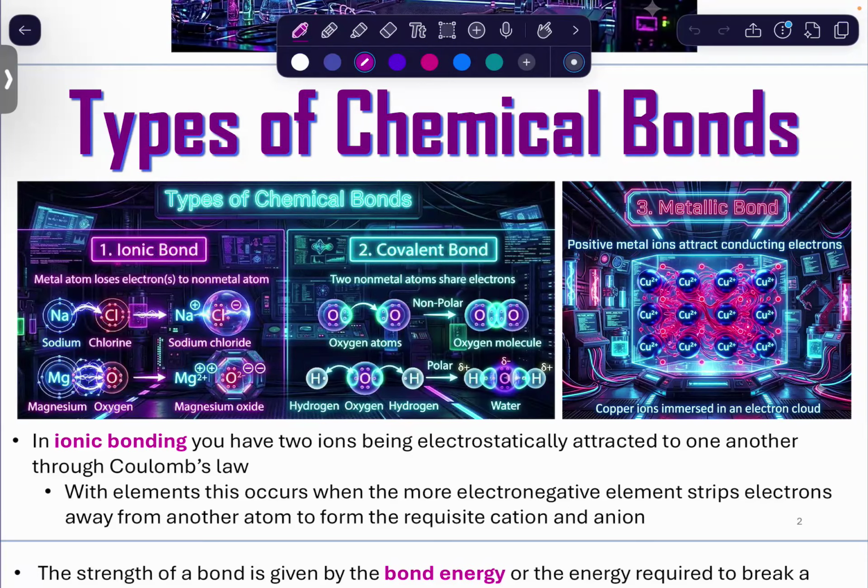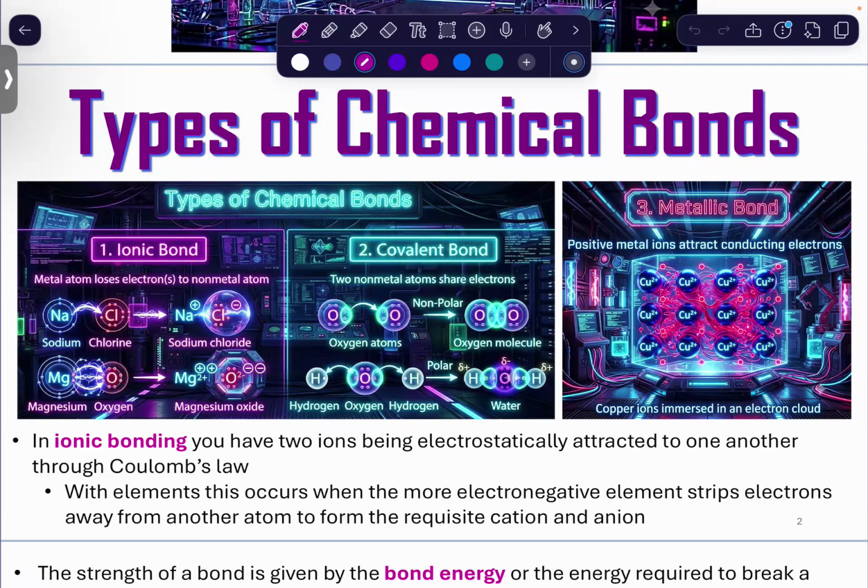Those attractions are stronger or weaker based on both the size of the charge, like a +1 and a -1 don't attract nearly as hard as a +2 and a -2, and also on the distance between the two ions, which will be based on ionic radius. We'll talk about that in a little bit.